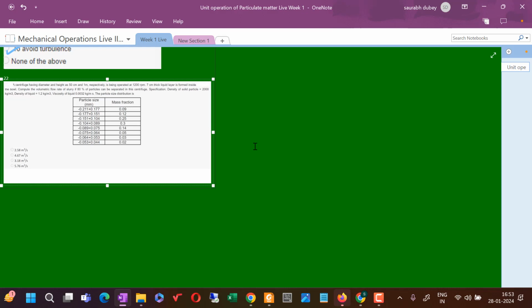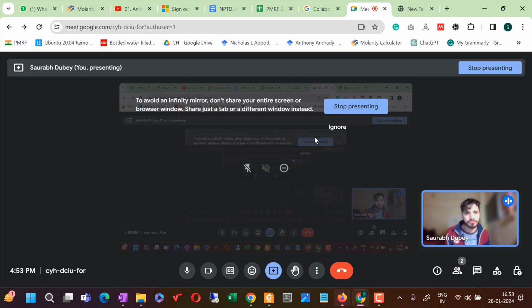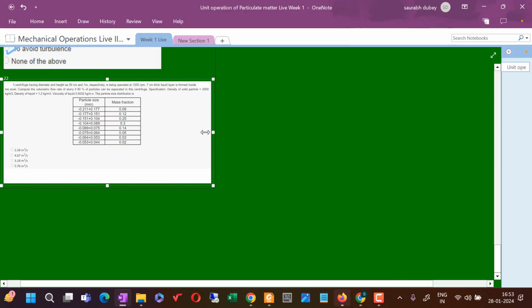So as far as I think, you have read through the question, and this particular question is based on centrifugal action in the sedimentation which is happening.